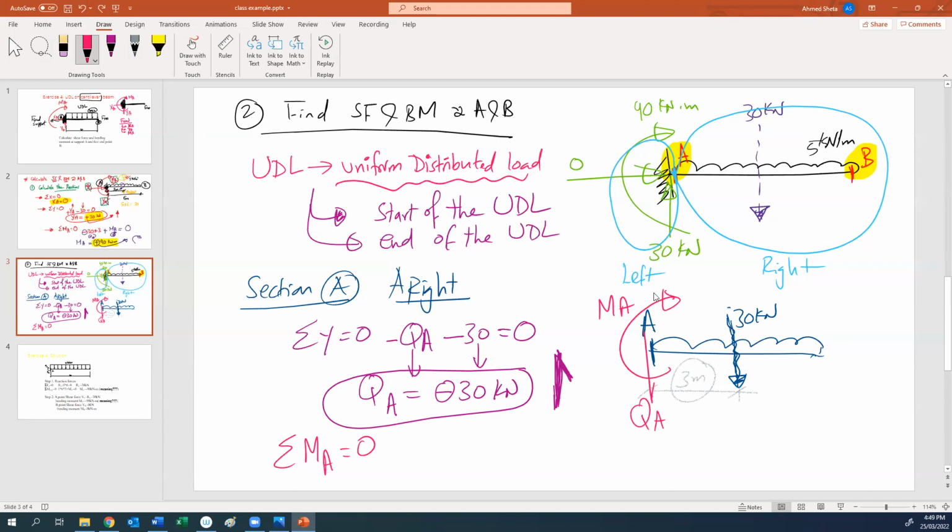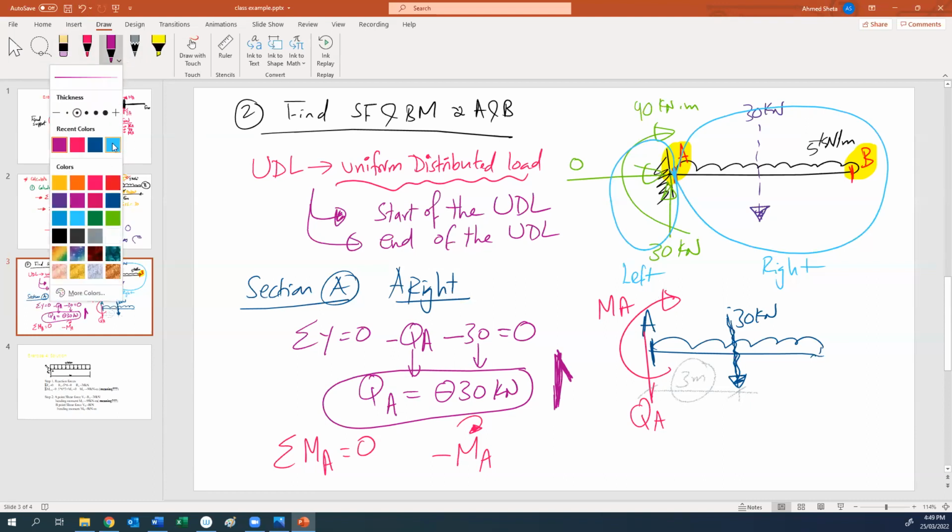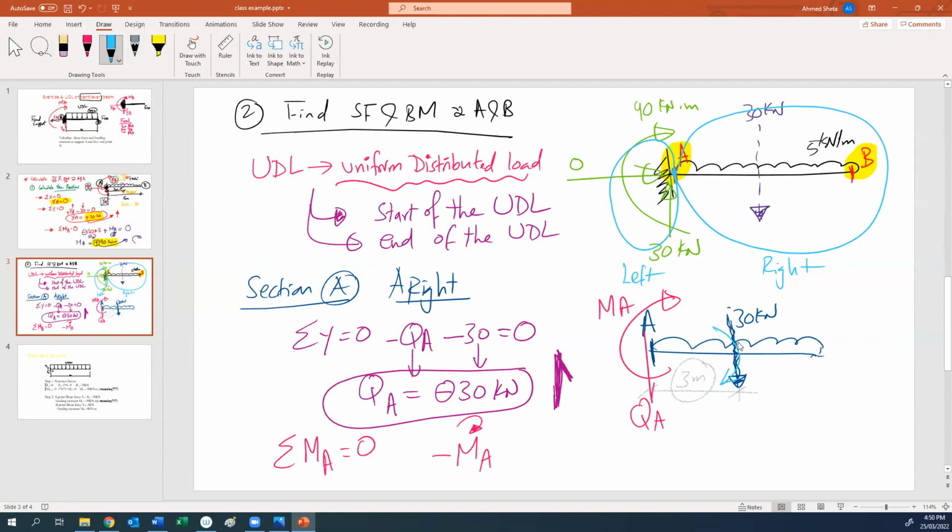This moment MA is rotating clockwise, so I will give it a negative sign. This 30 kilonewton is also rotating clockwise, so I will give it negative as well. Negative 30 kilonewton multiplied by 3. These two together should be 0. From this equation, we find that MA equals negative 90 kilonewton meter.